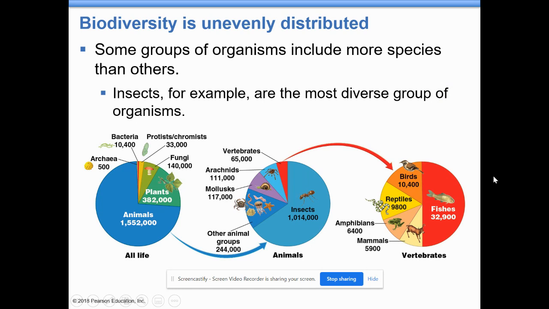And as you can see here, the insects are really the most diverse group of organisms there. Of all the animals, particularly insects. Then we have other animal groups and then mollusks.